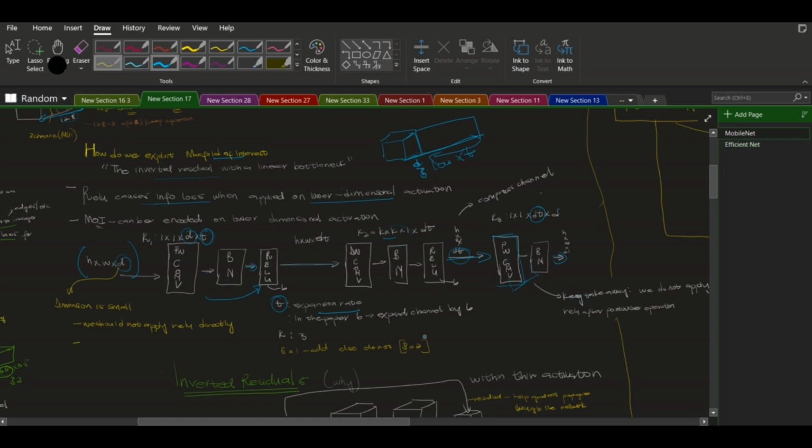Okay, so that's that. Another thing that the author do is that they apply residual connection to the final output. So let's say here we get the output, then we apply the residual skip connection. But this only applies when stride equals 1, because we have the same dimension, and it's easy to connect the output and the input when we have the same dimension.